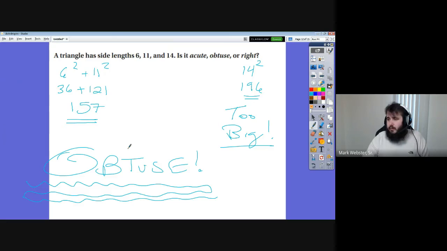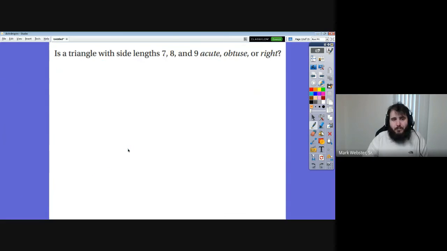Your turn. Give this one a try. So we want to go with the side lengths of 7, 8, and 9. Alrighty. So once again, we're going to do the same exact thing we did before. We take the legs, the two smaller numbers, square those and add them together, and compare them to the hypotenuse squared. Well, 7 squared is 49. 8 squared is 64. 9 squared is 81.